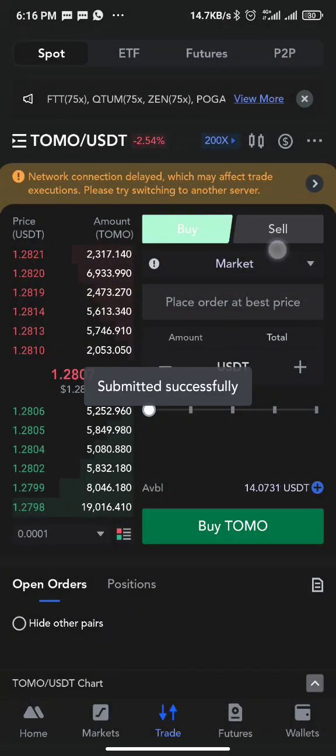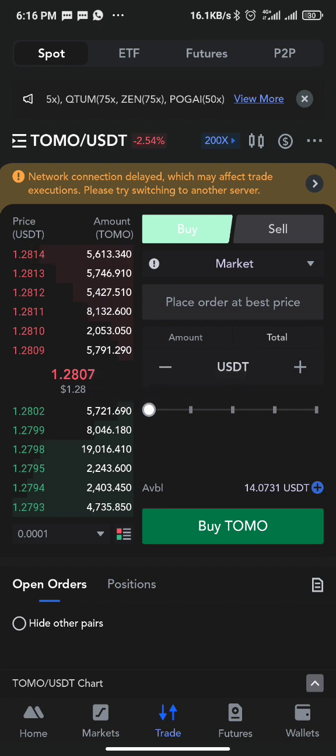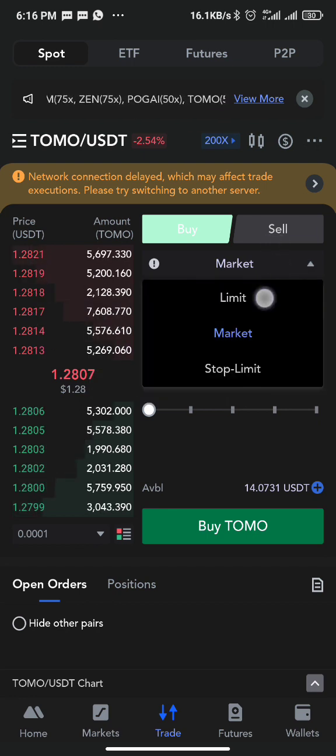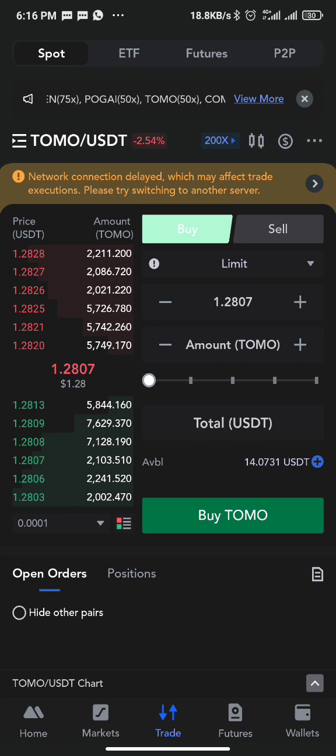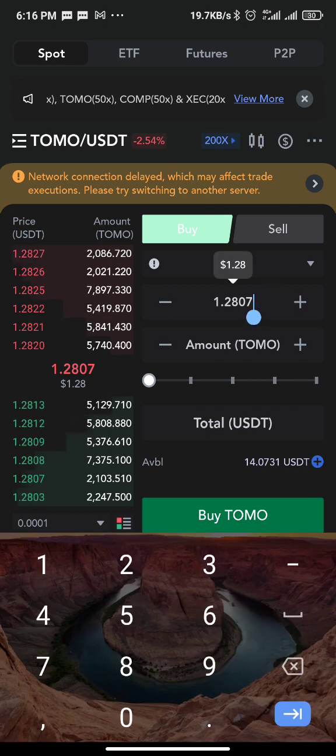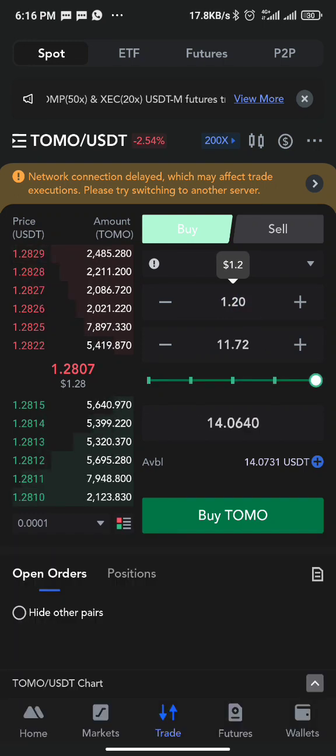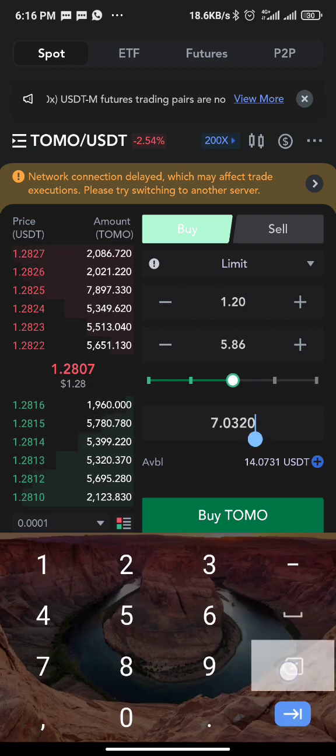Now if I want to use limit, it means that I want to pend the trade. Let's assume that the price is currently at 1.28 as we can see here, and I want to pend the trade maybe at 1.20. I just put 1.20, maybe the whole balance of my USDT or just a small portion, or I can just type it here, maybe just 10.